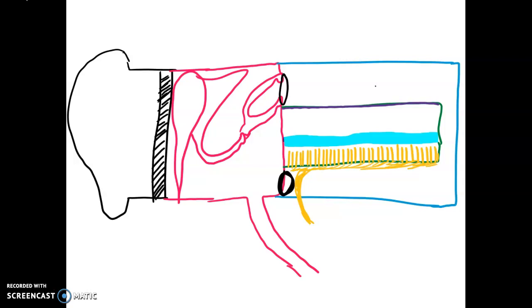So this is something that I usually draw out on the whiteboard in class. So I'll try to do the same. So we are looking at the ear.